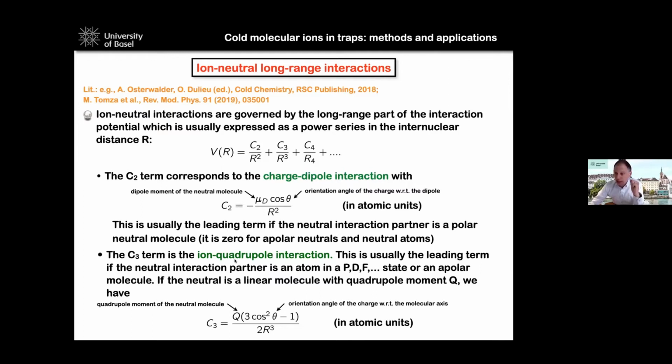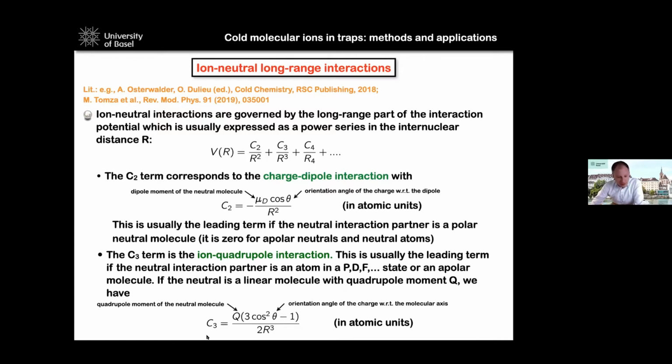So this is where the charge of the ion interacts with a quadrupole moment in its counterpart. And this is the case when the interaction partner is an atom in a non-spherically symmetric state, meaning a P, D, or F angular momentum state, or if it is an apolar molecule, right, which doesn't have a dipole moment, but then it usually has a quadrupole moment.